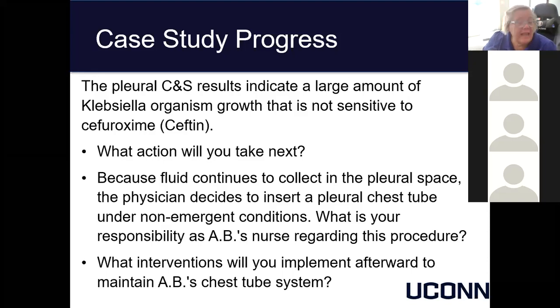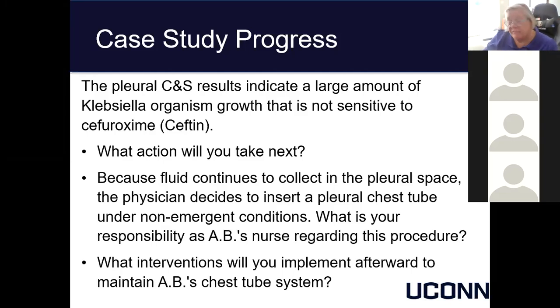What would you expect to happen, is another way to put it. Stop the Ceftin and switch to an appropriate antibiotic. There you go. You're not going to keep giving Ceftin if it's not shown to be effective. You need a different antibiotic order.